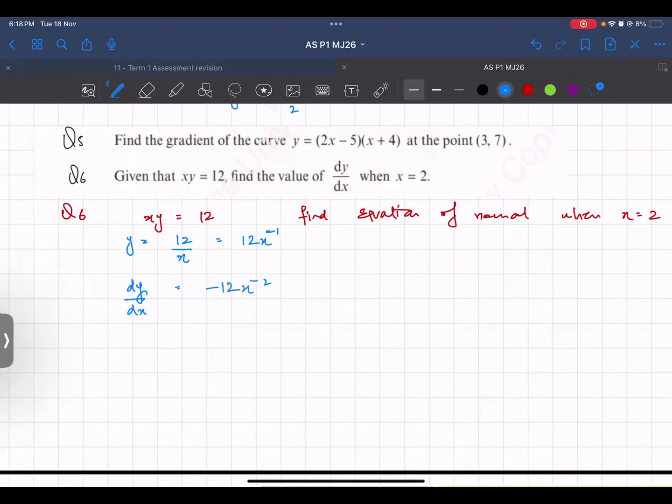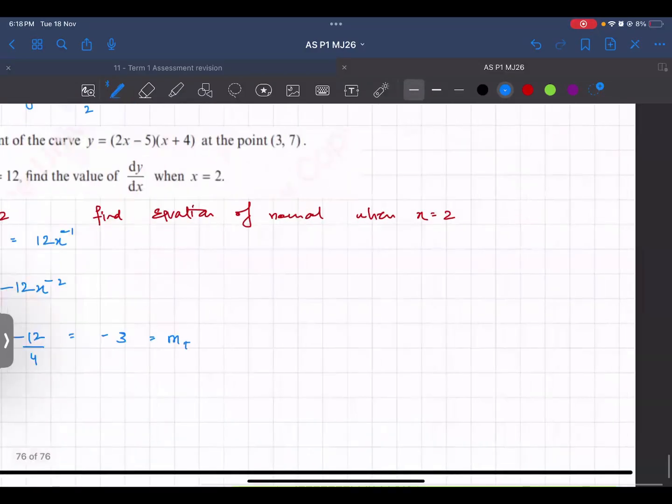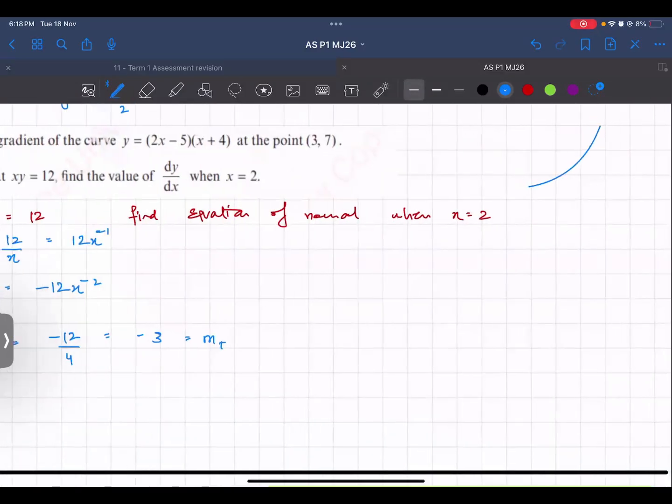And look, if your value of x is given to you as 2, the value of dy by dx will be minus 12 upon 4, which will be minus 3. Now minus 3 is the gradient of the tangent. So whatever the curve is, let's suppose the curve is like this, the tangent is like this. This would be your tangent, and we have the gradient of this tangent, which is minus 3. Now they want the equation of the normal.